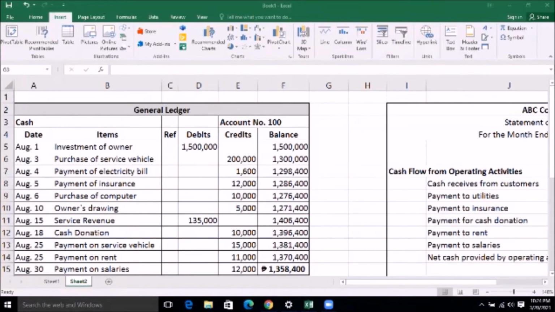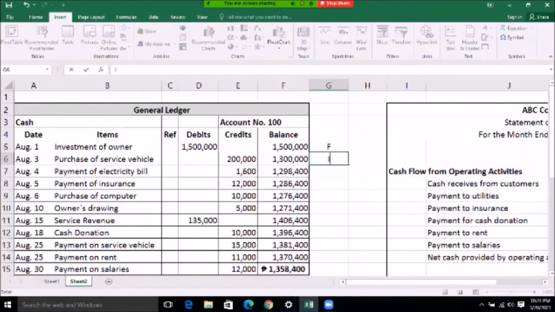The first one is the investment of owner. Di ba kapag po investment ng owner, ito po ay financing. Bilang lang po natin F. So, the next is purchase of service vehicle. Pag bumili ng service vehicle, that is investing.